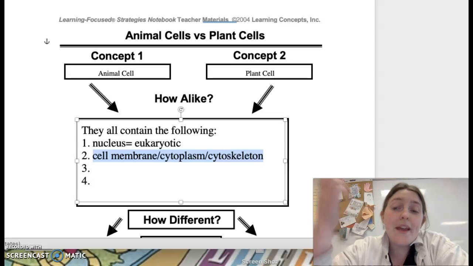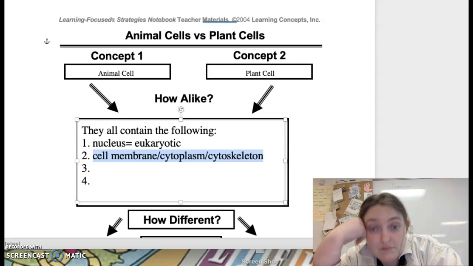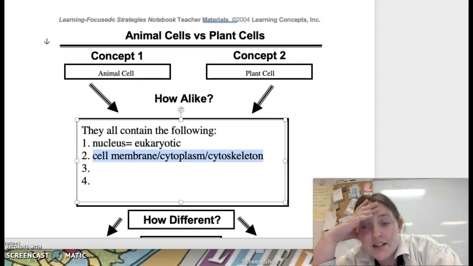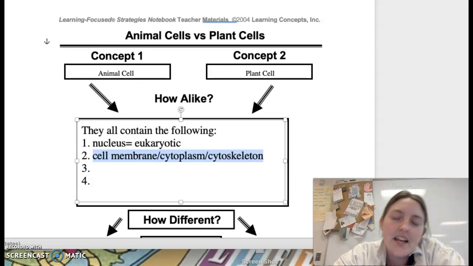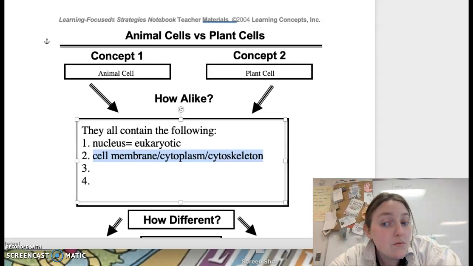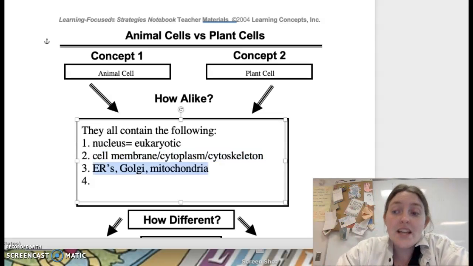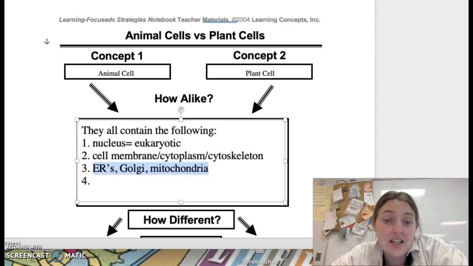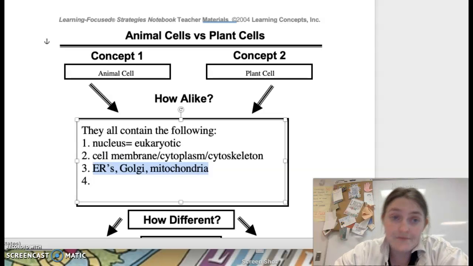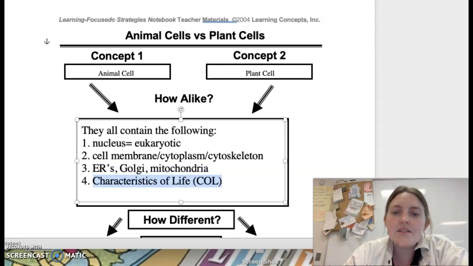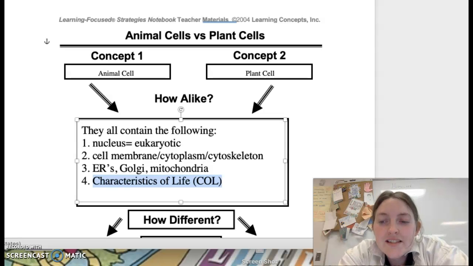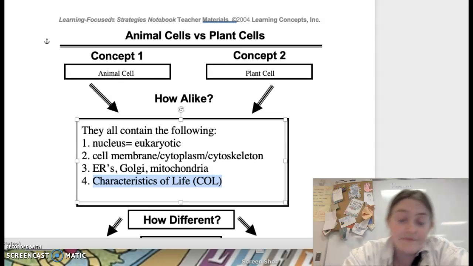They both share the basic parts that all cells do: membrane, cytoplasm, cytoskeleton, DNA, ribosomes. They also contain a lot of similar organelles, the ERs, the Golgi, and the mitochondria. And of course, they all represent every characteristic of life because they are living things.